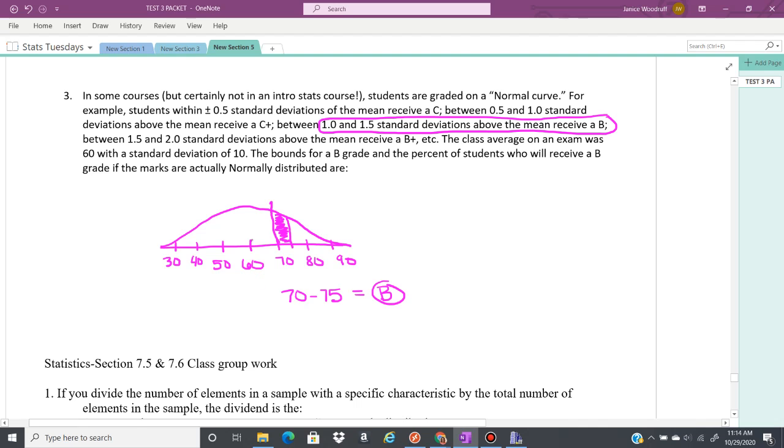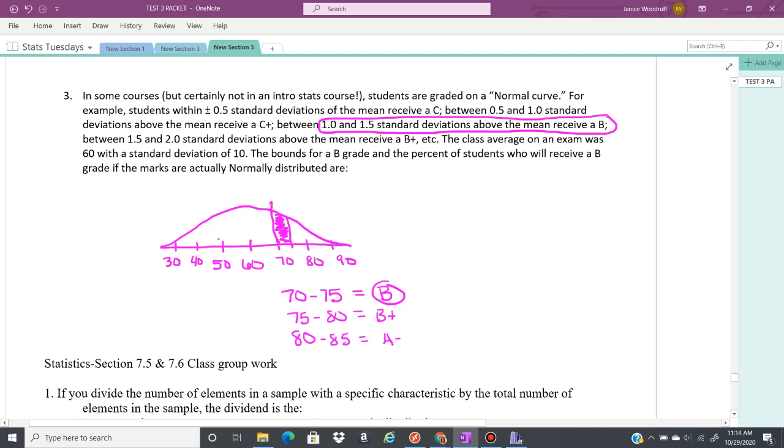So then the B plus would be 1.5 and 2, so 75 to 80 would be the B plus. And then you would keep going there, 80 to 85 would be an A minus, et cetera, et cetera.